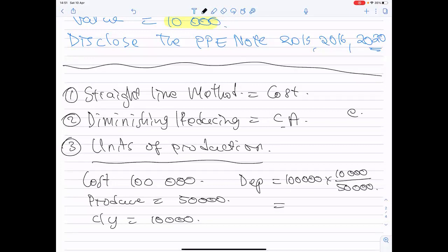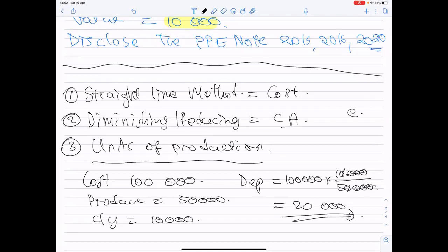So it will be 100,000 multiplied by 10,000 over 50,000, which is 1/5. Depreciation is going to be 20,000. So that's the depreciation using the units of production. Is that clear?